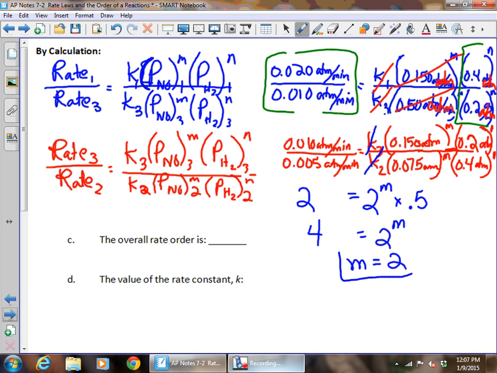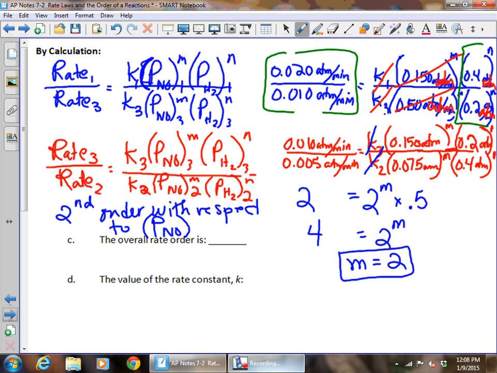So that tells us that this reaction is second order with respect to the pressure of NO. So what does that tell us about the rate law now?